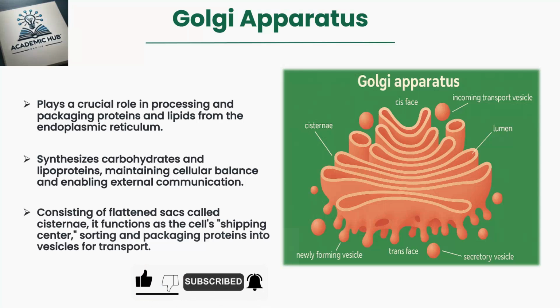Now lastly, we would like to say that the Golgi apparatus is a cellular powerhouse. The Golgi apparatus plays a central role in cellular functions, ensuring that proteins and lipids are properly modified, sorted and delivered to their destinations. From protein processing to cell function, the Golgi acts as the cell's shipping and distribution center.